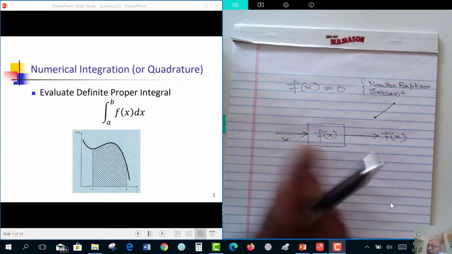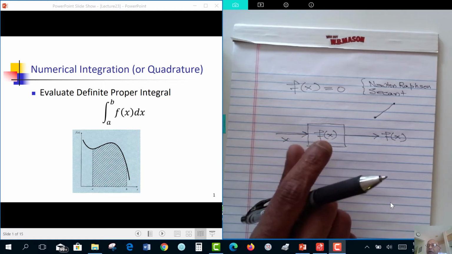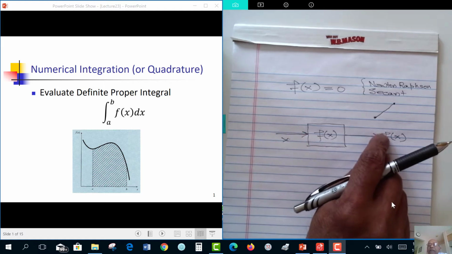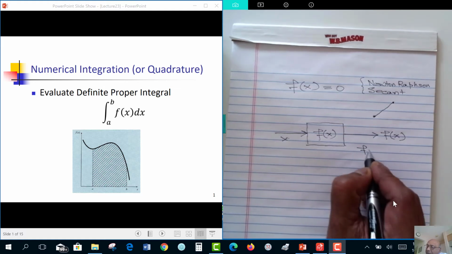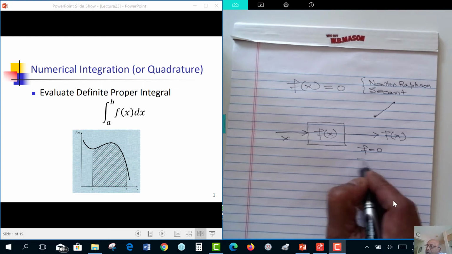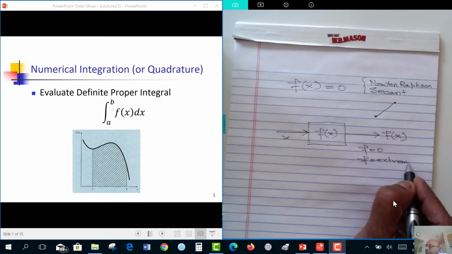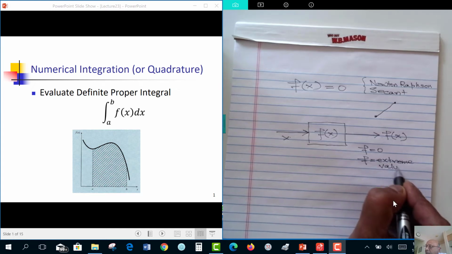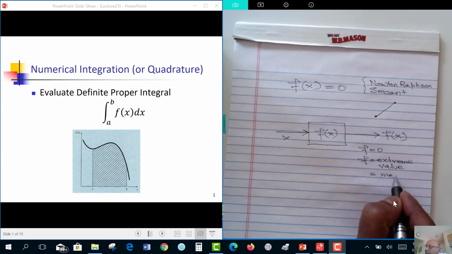What you're trying to do is turn the dial and set the value of f to some desired value. Now you could set the value of f to 0 or to some extreme value or some mean value and so on and so forth.